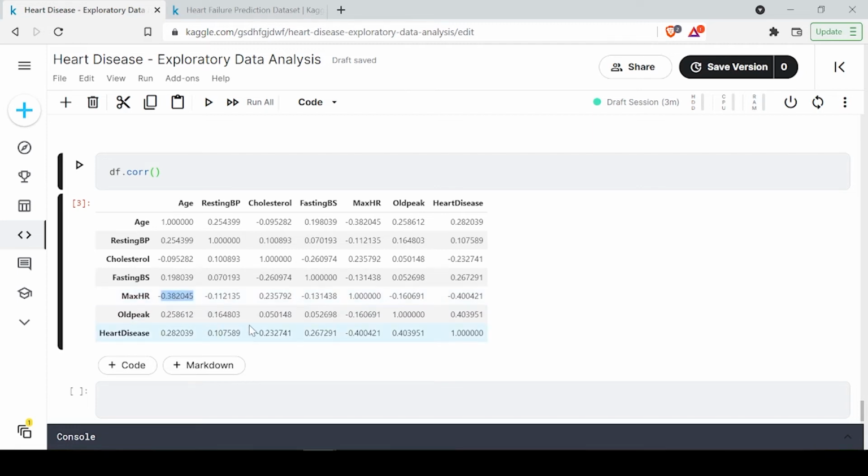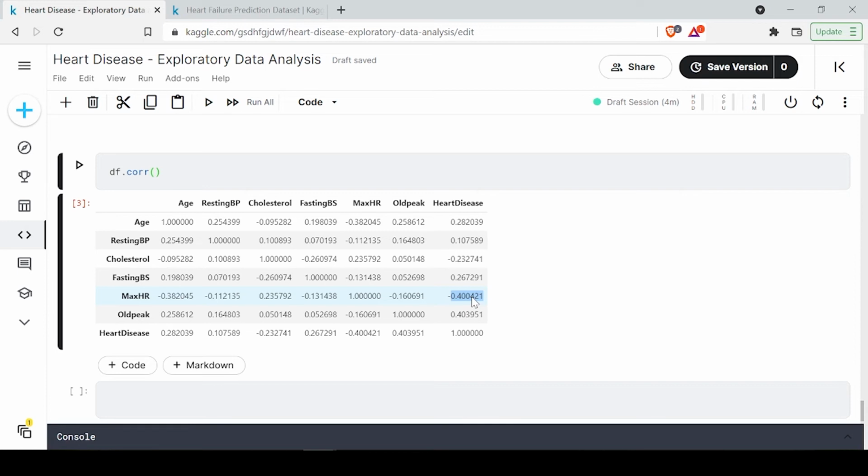From here you can see we cannot find columns that have very positive or very negative correlation. Some of them have correlation, like 40% correlation, minus 0.40, between heart disease and maximum heart rate, but it is not a strong correlation.